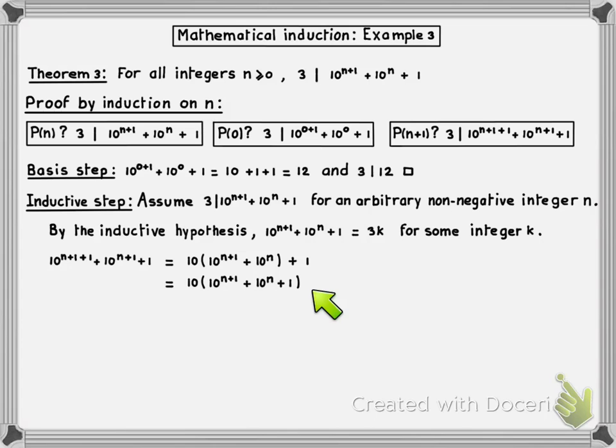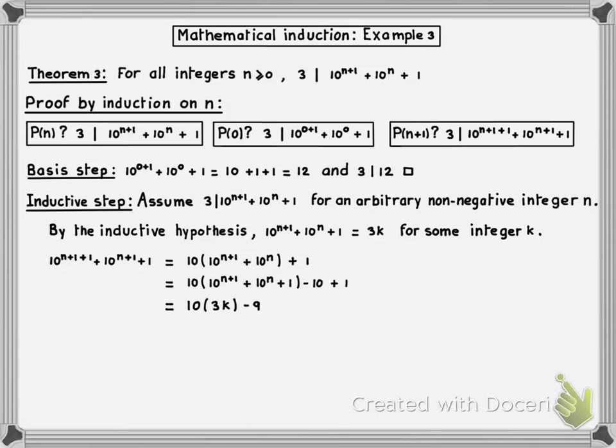So to get the same value back, we're going to subtract 10 again and then keep the plus 1. When we simplify this, we remember that this expression was already proved to be equal to 3k for some integer k, so we replace it here. And then we simplify minus 10 plus 1 to minus 9.